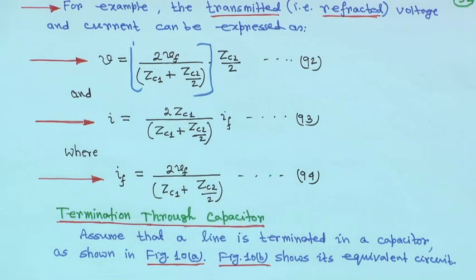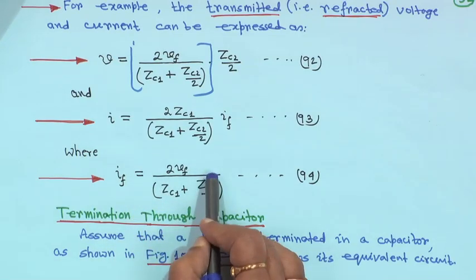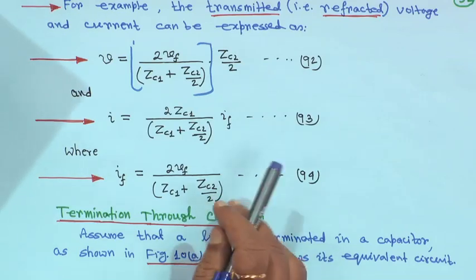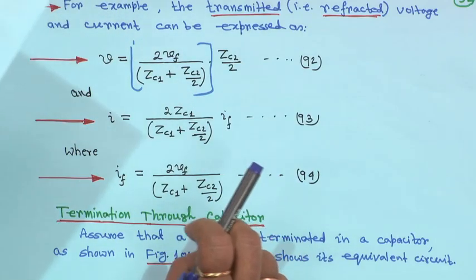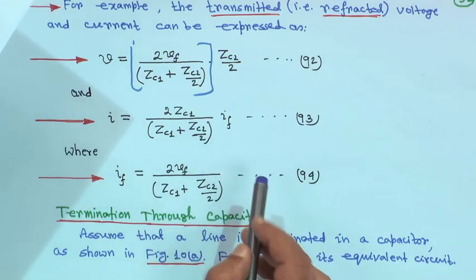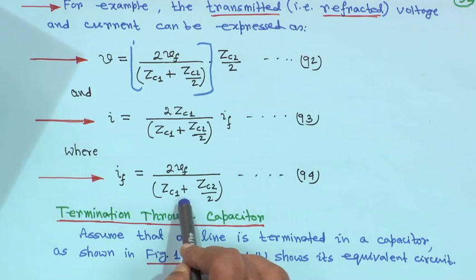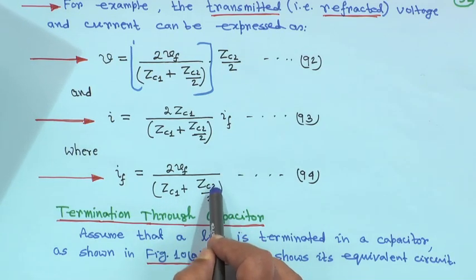Previously, when two lines with different characteristic impedance, such as overhead line and cable, are connected, we have seen IF was 2 Vf upon ZC1 plus ZC2. Now this ZC2 is replaced by ZC2 by 2.